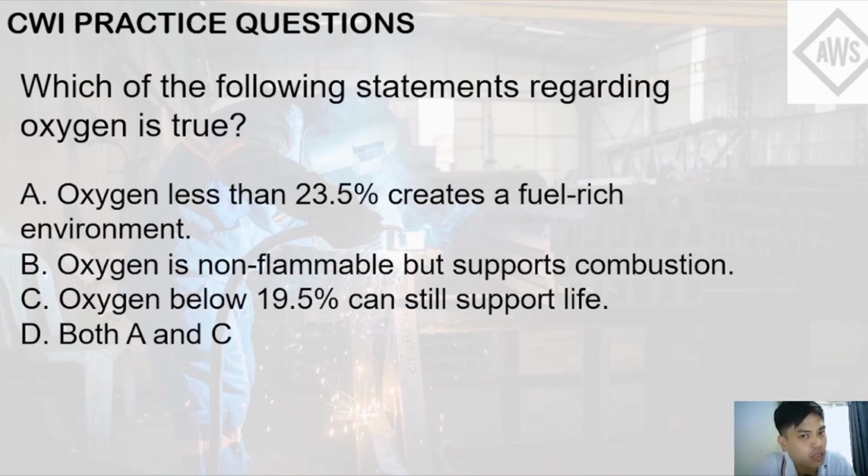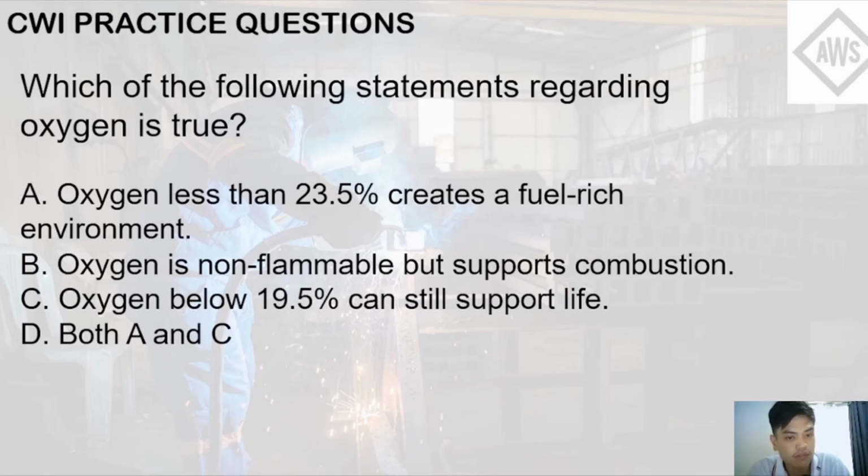This is especially important for confined spaces, wherein before the welding activity commences, the safety personnel needs to check via a gas detector or whatever instrument that the confined space will not exceed the 23.5% threshold for creating a fuel-rich environment. So letter A is not correct.